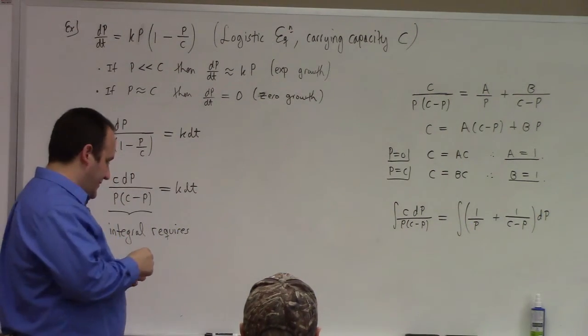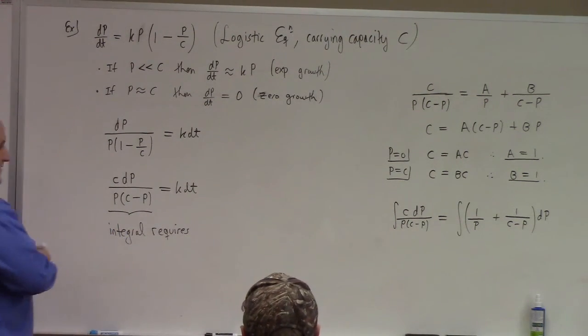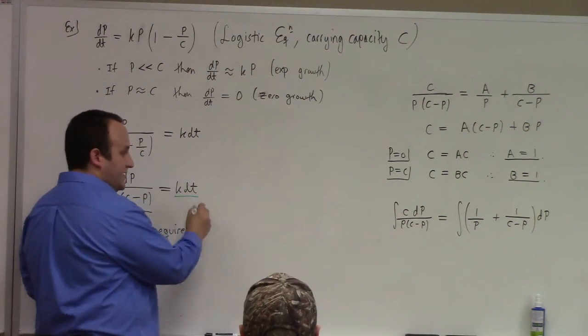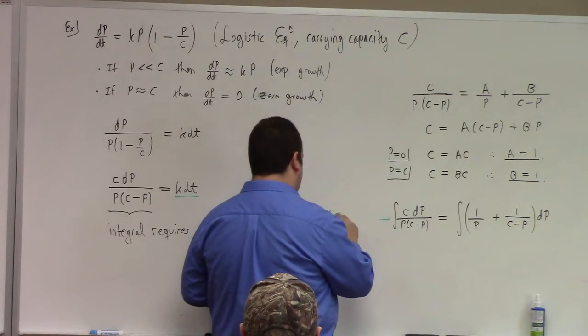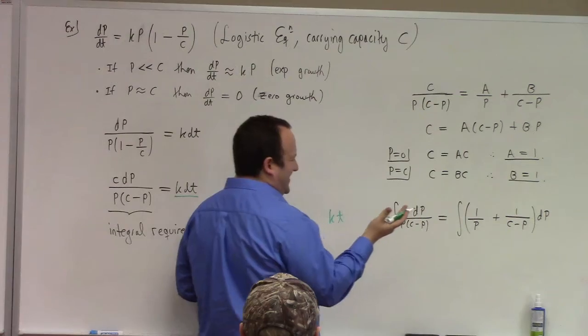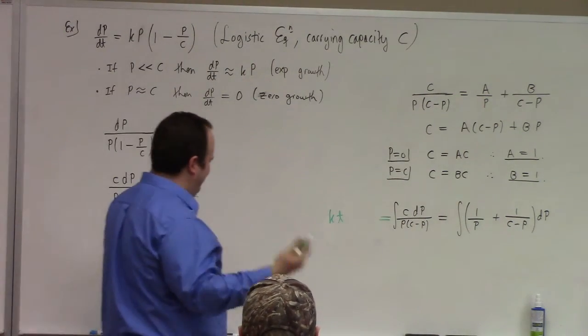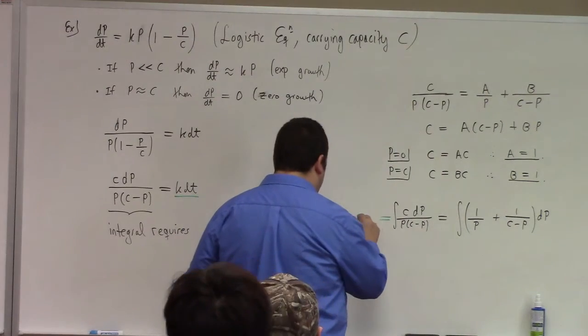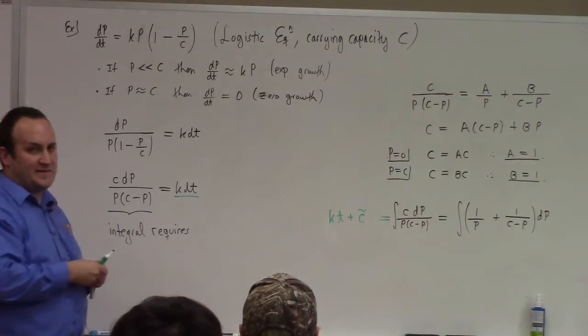Now, if you'll allow me this small manga-style calculation, this is easy to integrate, right? The right side is going to be kt plus C, oh, I can't use C here. kt plus C tilde. There, I don't want to confuse it with the carrying capacity.